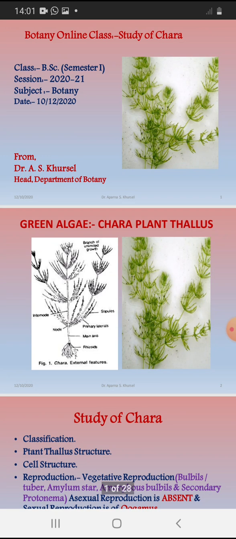Another important characteristic feature is the deposition of calcium carbonate, hence it is also called stonewort. So thank you for today.